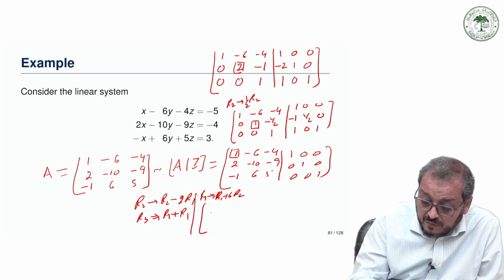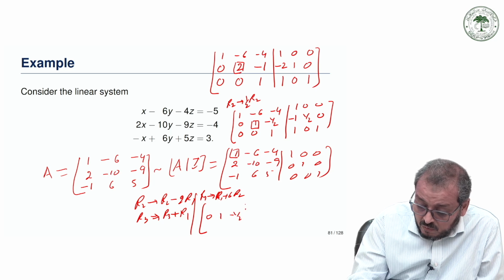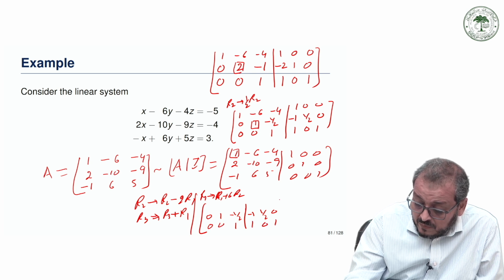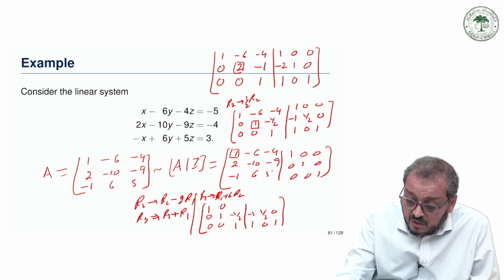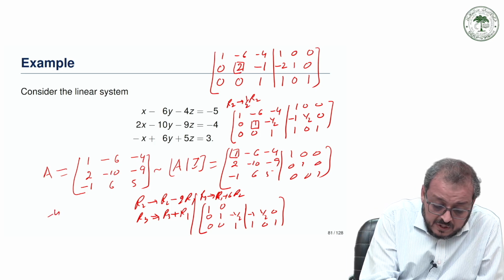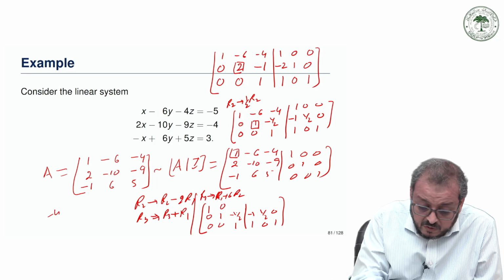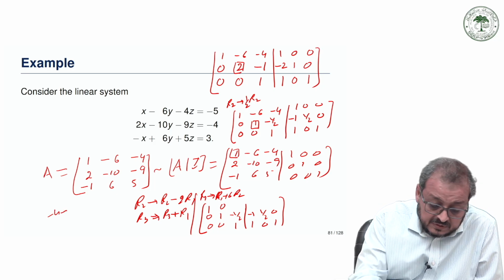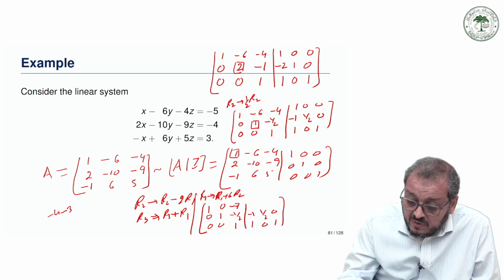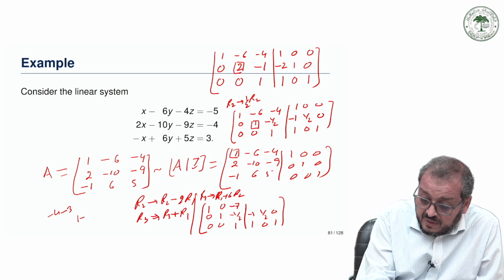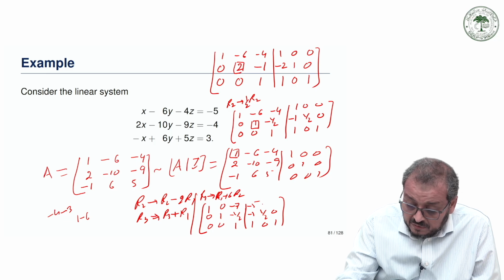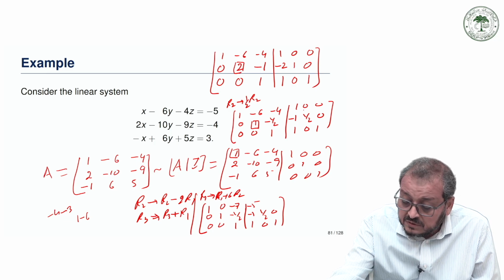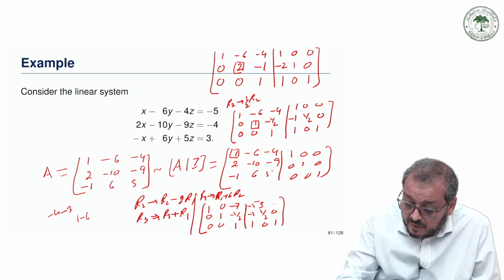So the matrix comes into the form 1, 0, minus 7 in the third column, since minus 4 minus 3 is minus 7. Then the identity part: 1 minus 6 gives minus 5, and 0 plus 6 by 2 is 3, and then 0. The second row is 0, 1, minus 1 by 2, and then minus 1, 1 by 2, 0, and the third row is 0, 0, 1, 1, 0, 1.